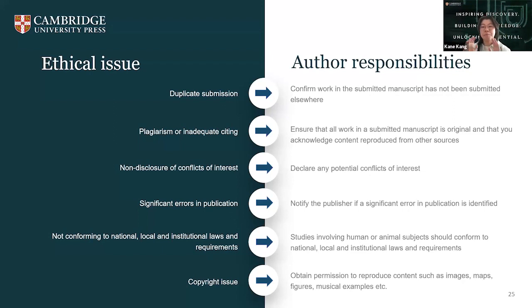So you can only submit your manuscript to one journal at the same time. If you want to submit your manuscript to another journal, you have to withdraw it, or be rejected from the first journal. So you can't just send your manuscript to many journals at the same time.